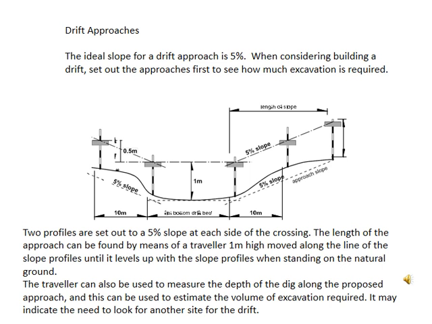The length of the approach can be found by means of a traveler, 1 meter in height, moved along the lines of the slope profiles until it levels up with the slope profiles when standing on the natural ground. The traveler can also be used to measure the depth of the dig along the proposed approach, and this can be used to estimate the volume of excavation required. It indicates the need to look for another site for the drift.